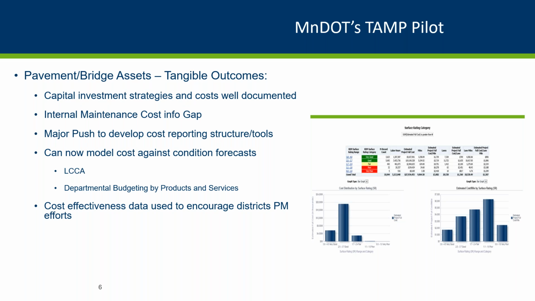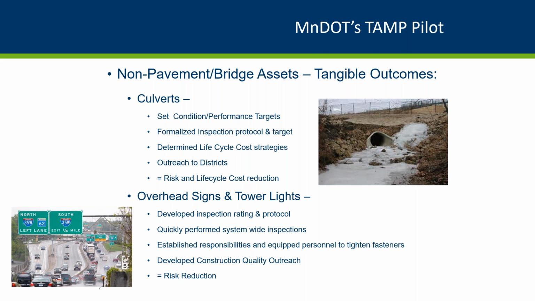So that resulted in a major push to develop some systems to capture our maintenance costs in a way that we could associate them with infrastructure condition and model future needs and future financial gaps and work planning efforts. So we used Oracle Business Intelligence, if you happen to be familiar with that. The little graph on the right is an output from a business intelligence assessment. That's just a tool that brings various data systems together. We did not at the time have an asset management system, so that's how we approached that.